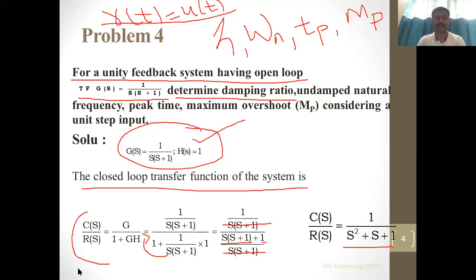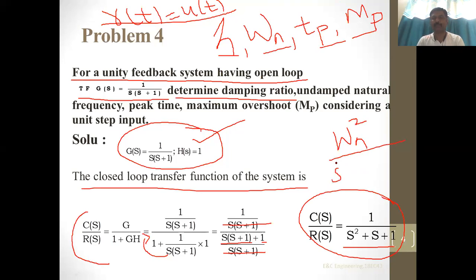But what we need to determine? We need to determine the value of xi, omega n, Tp and Mp. Thereby next step, what do I do? I shall compare this obtained transfer function with the standard transfer function. Now what is the standard transfer function for a second order system? Omega n square divided by s square plus 2 xi omega n s plus omega n square.